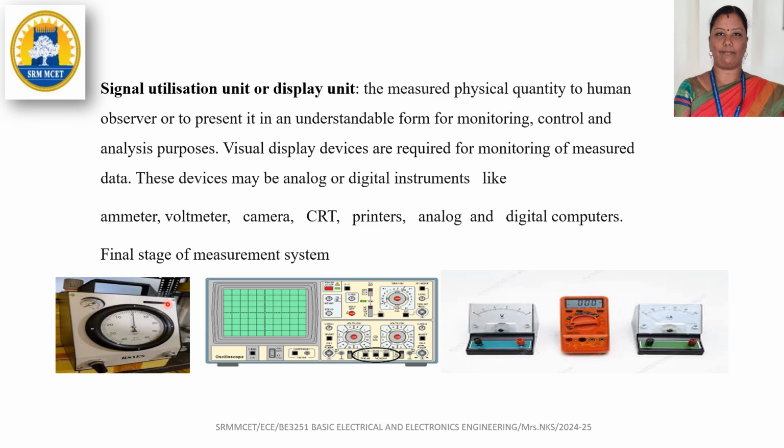One more thing, this is a dial gauge. You might have seen it at petrol pumps, where the technician uses it to check tire pressure when filling your tire. This is the pressure gauge. It displays the pressure on this dial. So this is the final stage of a measurement system.